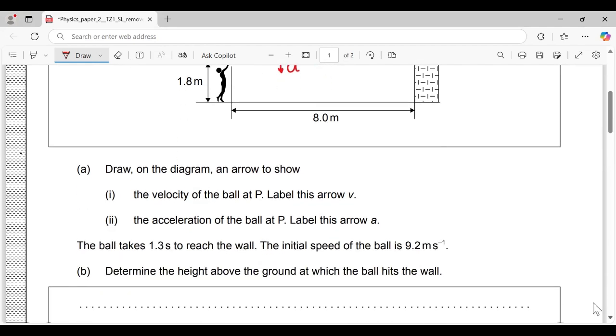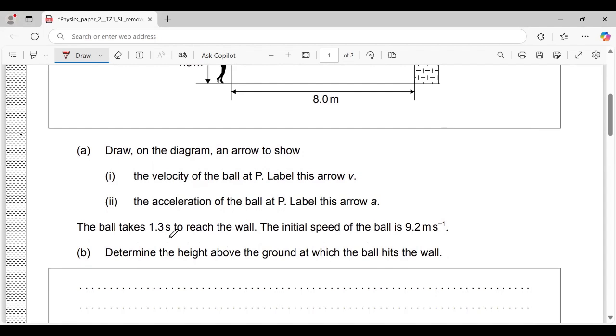Next question. The ball takes 1.3 seconds to reach the wall. The initial speed of the ball is 9.2 meters per second. Determine the height above the ground at which the ball hits the wall.